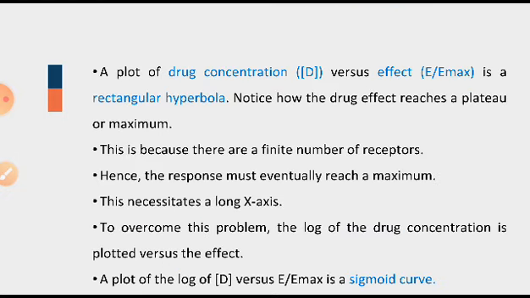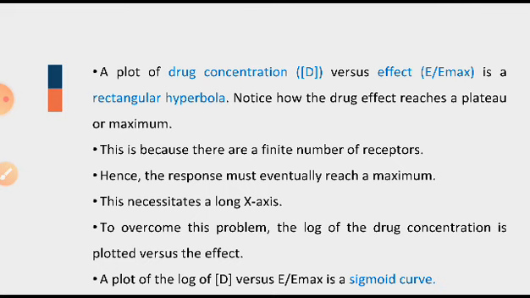A plot of drug concentration D versus effect E is a rectangular hyperbola. So when you draw this, what will you get? A rectangular hyperbola, right? This is the type of curve you will get. This is because there are a finite number of receptors. So one thing is pretty sure, that there are a finite number of receptors available.